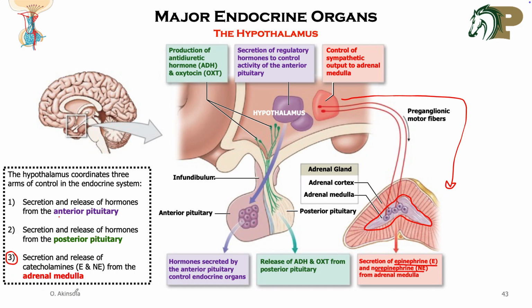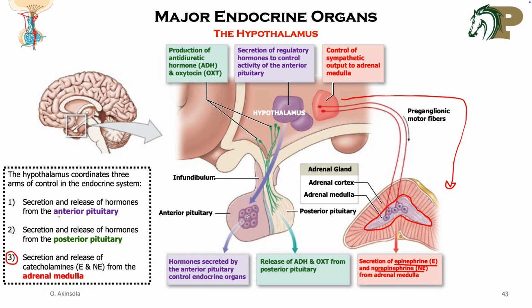The second one, let's do the anterior pituitary. Secretion of regulatory hormones to control activity of the anterior pituitary. So we have the hypothalamus releasing those hypothalamic releasing or hypothalamic non-releasing hormones to the anterior pituitary.